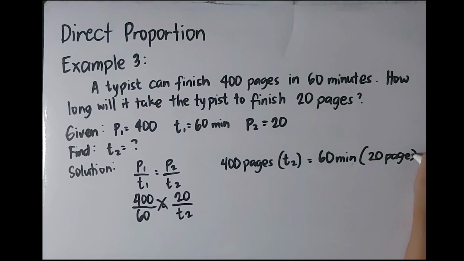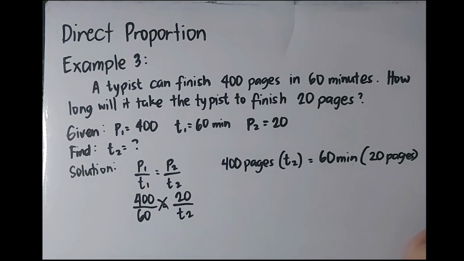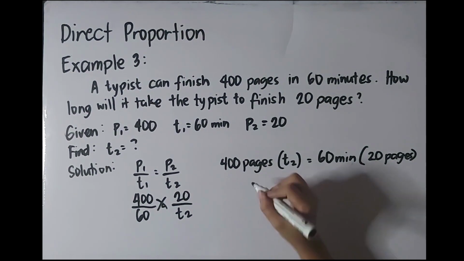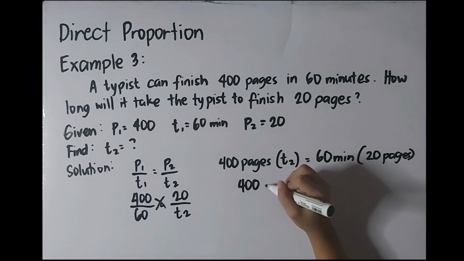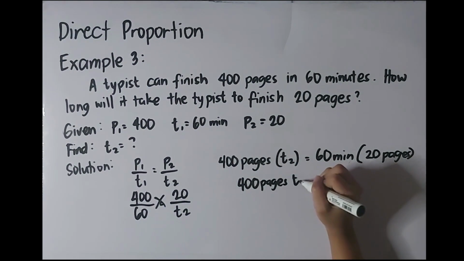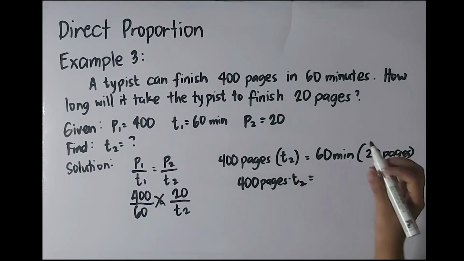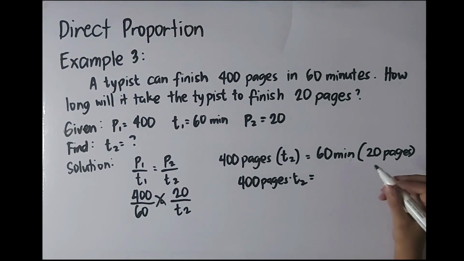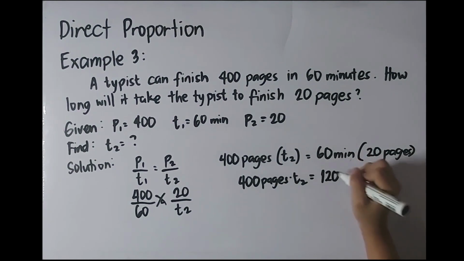So we are going to write the unit to observe the cancellation of minutes. So we have here 400 pages, T2 equals to 60 minutes times 20.